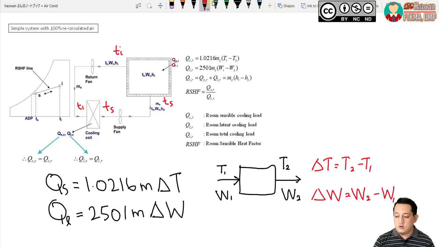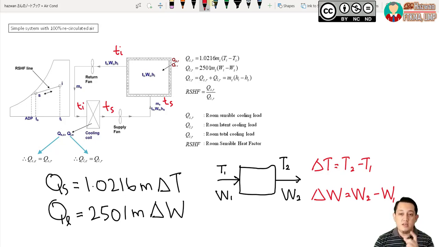Based on this basic equation, to calculate the sensible heat of the cooling coil, we use the temperature difference between Ti and Ts, Ti minus Ts. To calculate the sensible heat of the room, we also use the temperature difference of Ti and Ts.